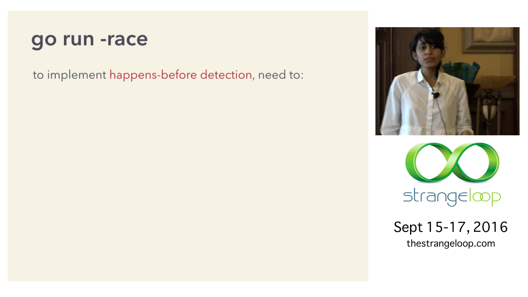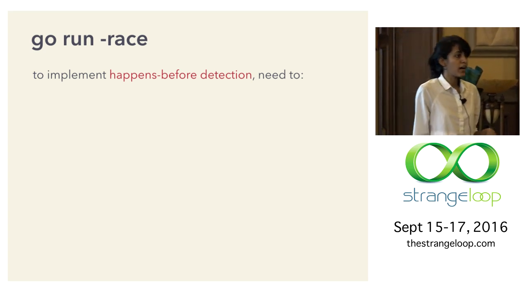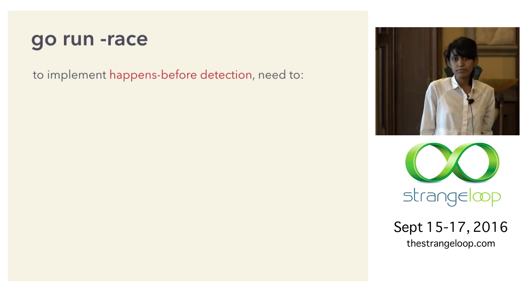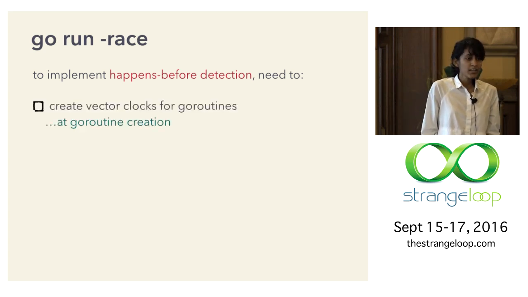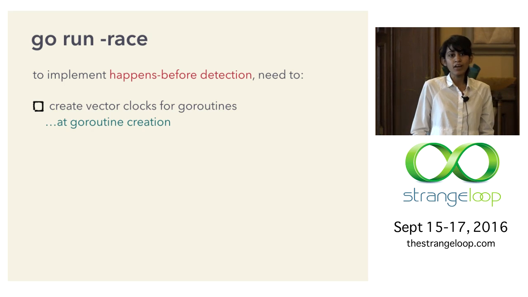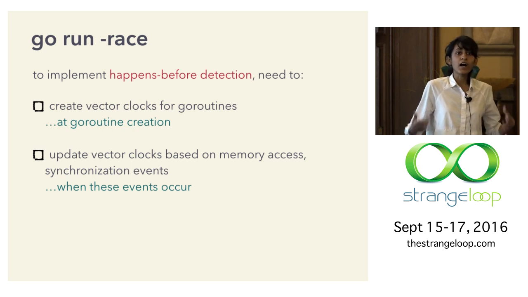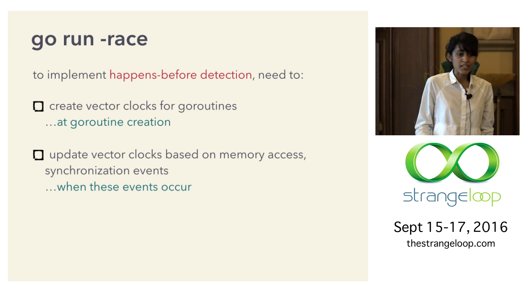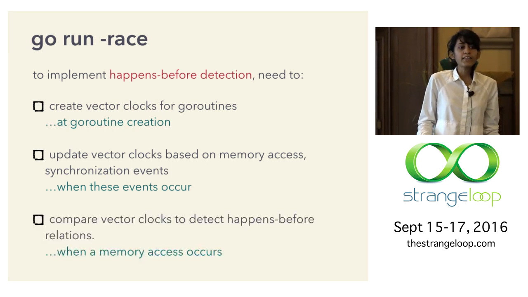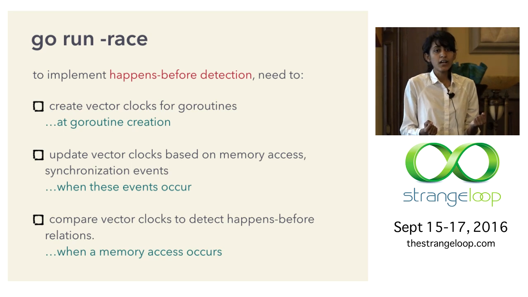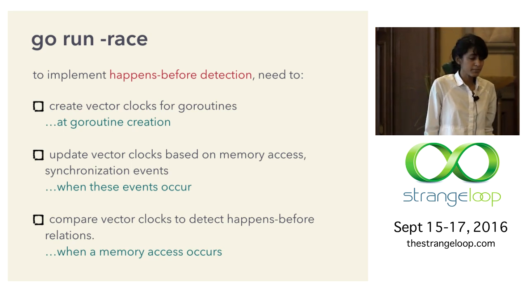So in order to implement happens before using vector clocks, what would the Go race detector need to do? Well, let's see. It will have to create vector clocks for goroutines at goroutine creation. It will then have to update these vector clocks at each memory access and synchronization event. And then at each memory access event, it has to compare these vector clocks to decide if there's a data race.